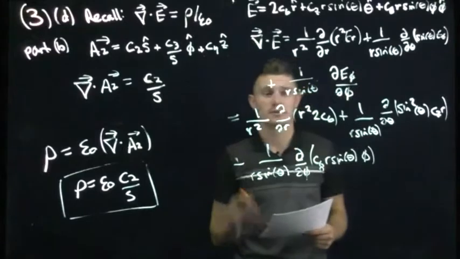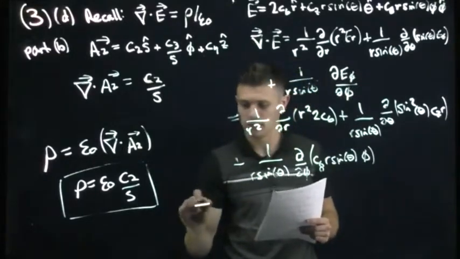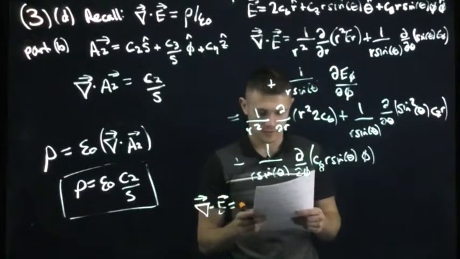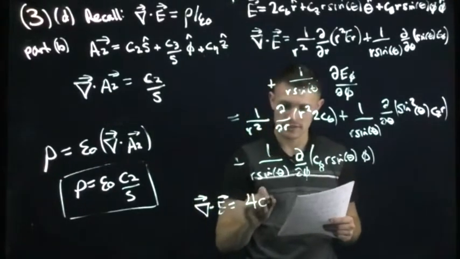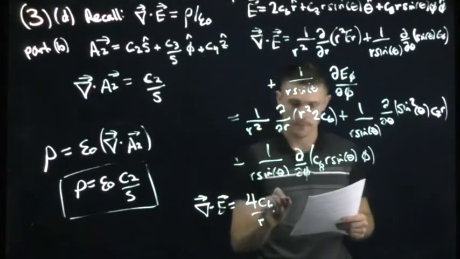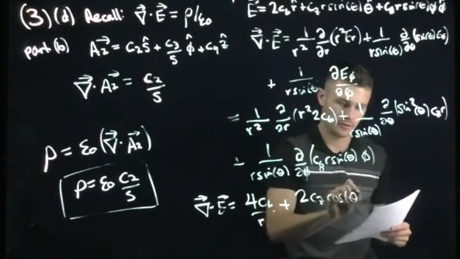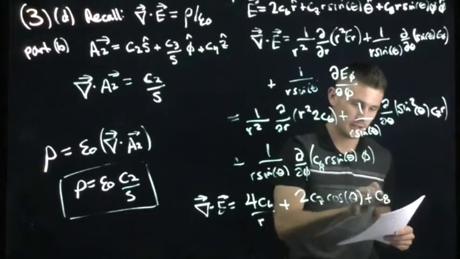Take these derivatives, stuff will cancel, and I'll just write the result here. The divergence of E is equal to 4C6 over r plus 2C7 cosine of theta plus C8.